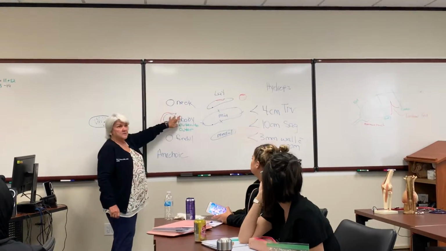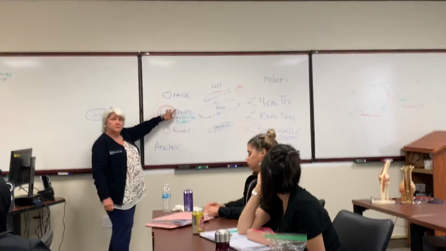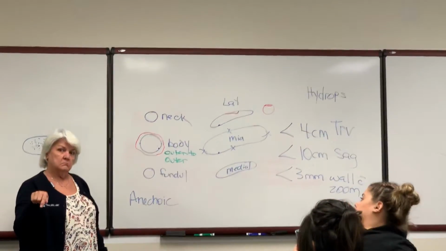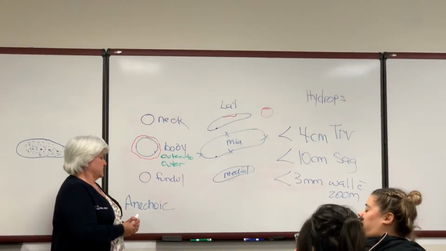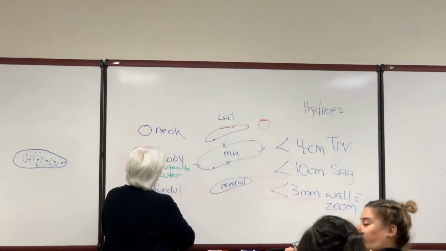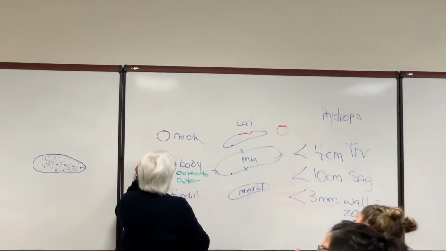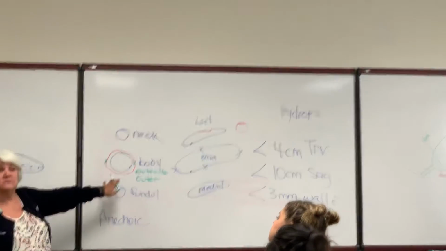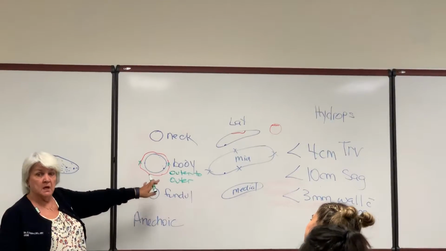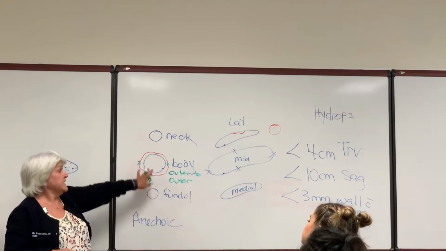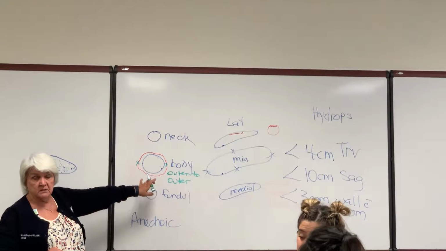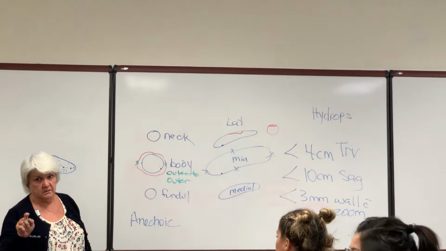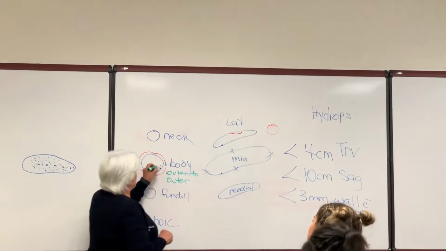my epithelial layer is good, but I can have pathologies in the wall. Okay? So if I did this outer to outer, my measurement could be greater than 4 centimeters, alarming the doctor. Yes, there is pathology. What else am I going to do to help the doctor? I'm going to go inner to inner.